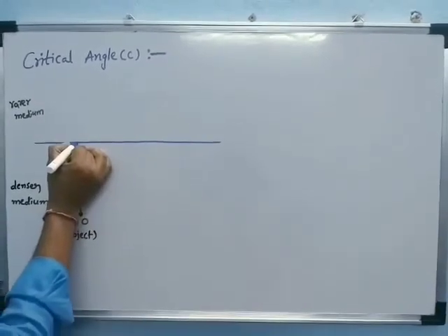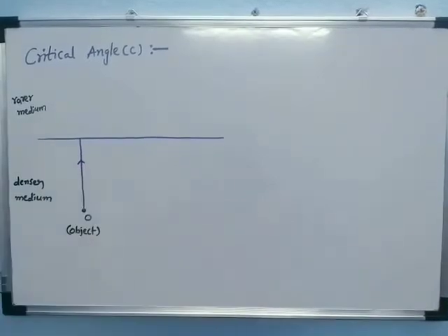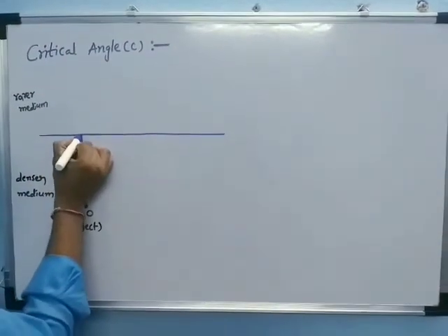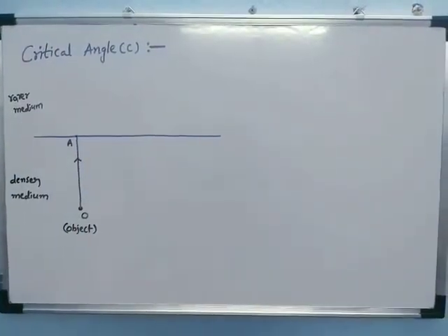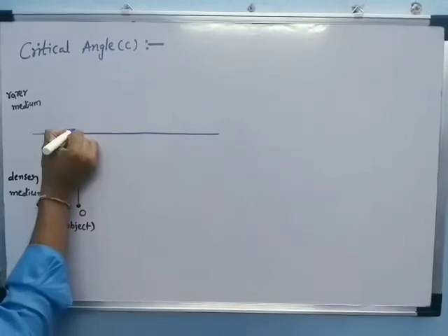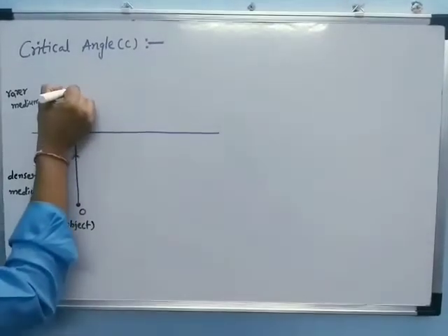This is called the angle of incidence. It meets at point A, and after that it is refracted and enters the rarer medium.